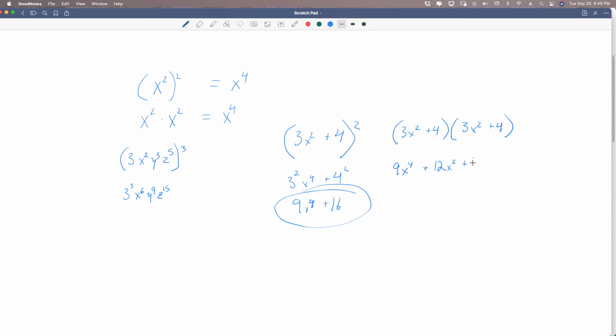And then again, 12x squared, because we would take this number times this number. And then we would add 16. And so we would actually end up with 9x to the fourth plus 24x squared plus 16.